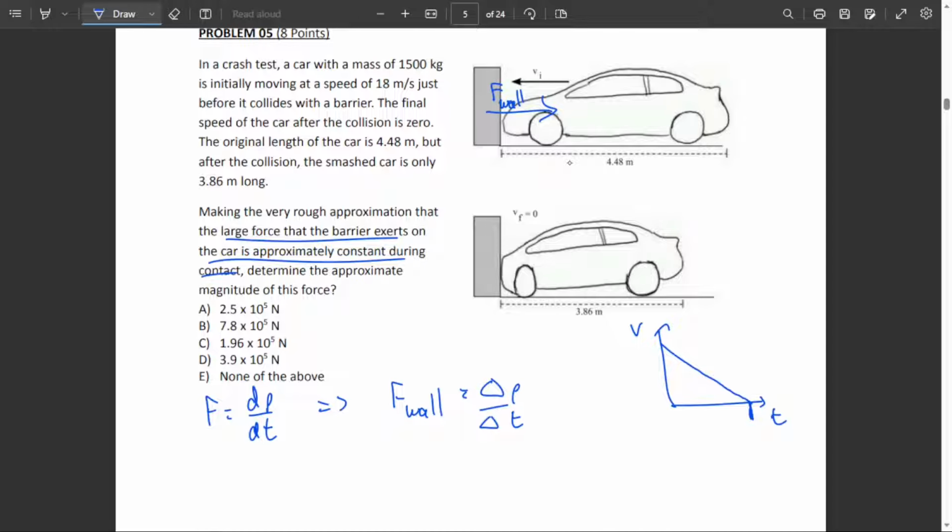And right here where it equals 0, that's the length of the collision. And from here, this is the speed of the car as the collision goes on.